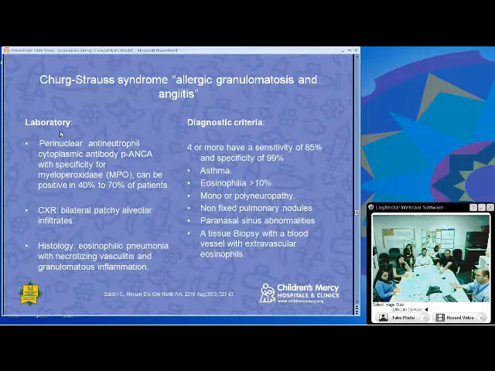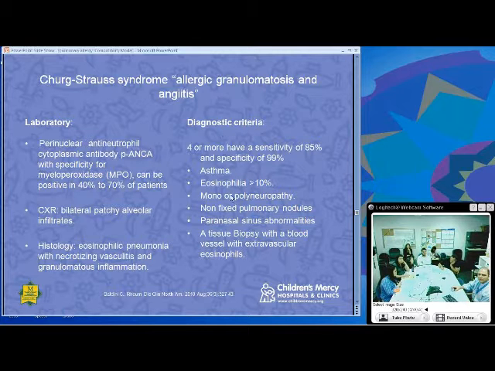Up to two-thirds of patients can have a positive P-ANCA, and the P-ANCA is mainly related to myeloperoxidase. A chest X-ray shows bilateral patchy alveolar infiltrates, and as we said, the biopsy shows eosinophilic pneumonia with necrotizing vasculitis and granulomatous formation.